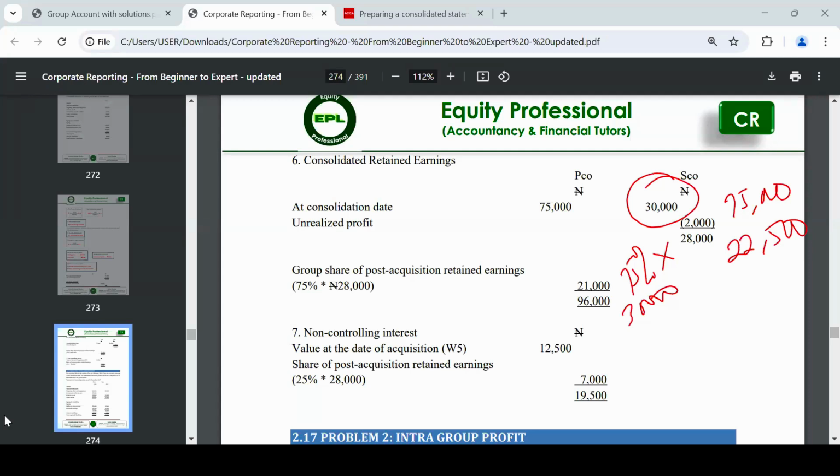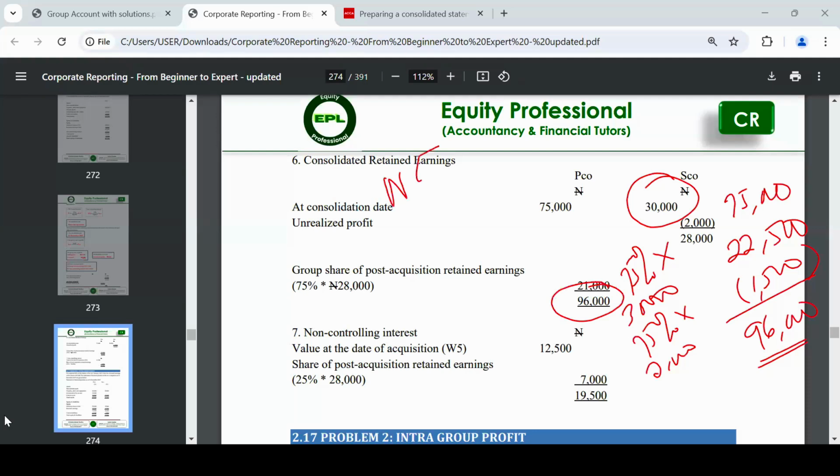All right. And then we'll take away 75% of 2,000, which is 1.5. And this will still give me 22,500. Okay. If I take away 1.5 from 22,500, I should have 21. If I add that 21 to 75, I have 96,000, which is still the same 96,000 they have here.